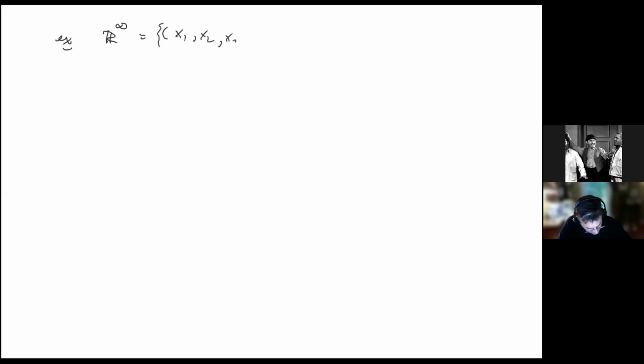But we put a condition on the sequence that the sequence is eventually zero. So xn is zero for n bigger than some given value. So to the right of some entry, you have to have all zeros.